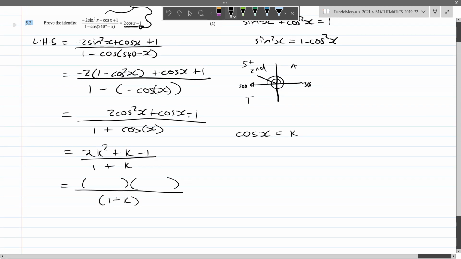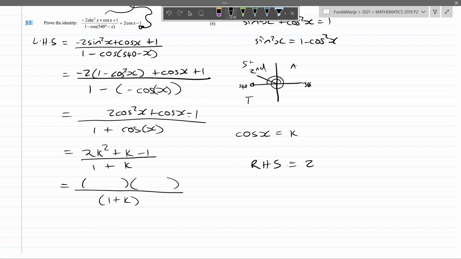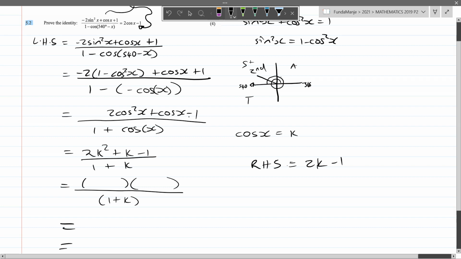You know that this should be your final answer. So if we were to rewrite the right-hand side in terms of k, it would be 2k minus 1. Now, at this point, I know that that's what I'm trying to get at the end. I'm trying to get the right-hand side, that 2k minus 1.